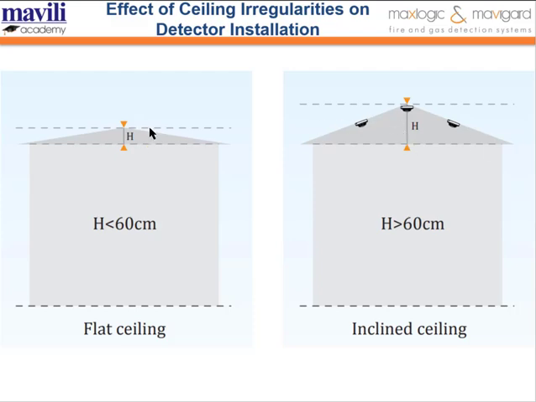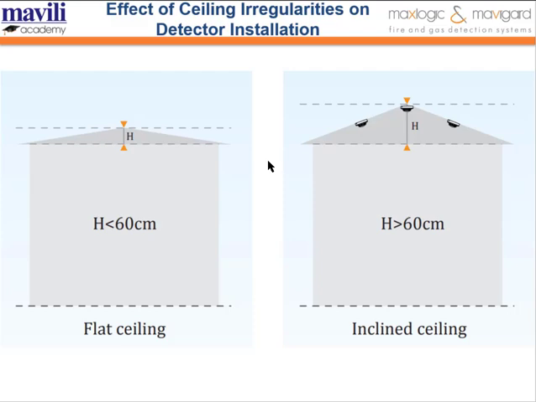If this h distance is less than 60 cm, the slope can be ignored and the ceiling can be treated as flat ceiling. To make it simpler, if the height difference is less than 60 cm, the ceiling is considered flat and detectors can be installed using standard flat ceiling layout.